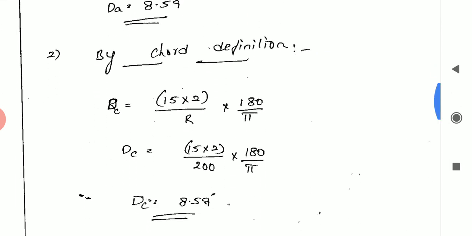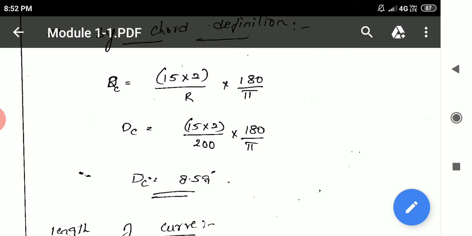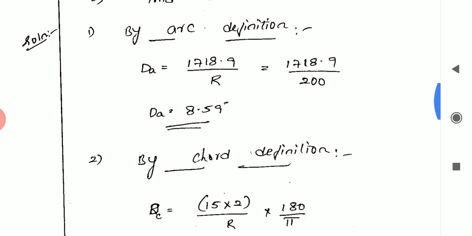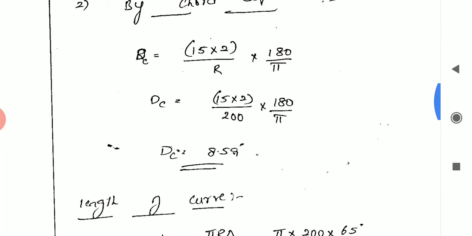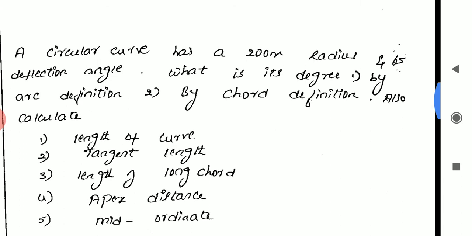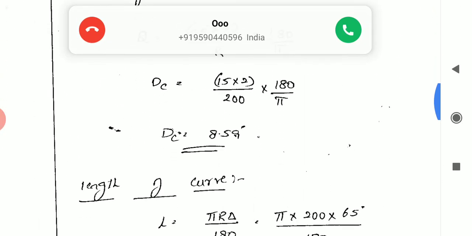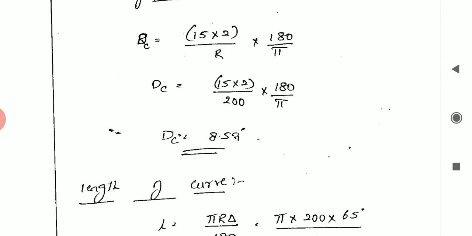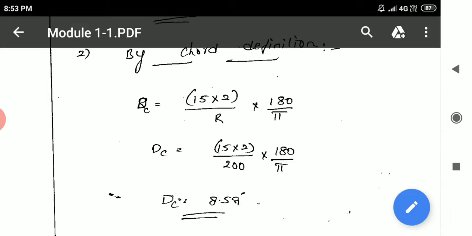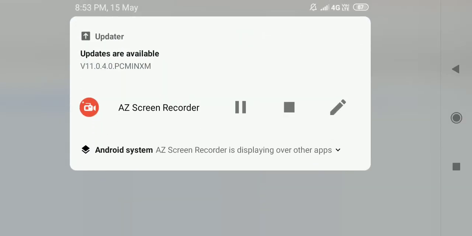Okay, by chord definition, the formula is, see what he mentioned. I assumed that the chord is 30 meter.